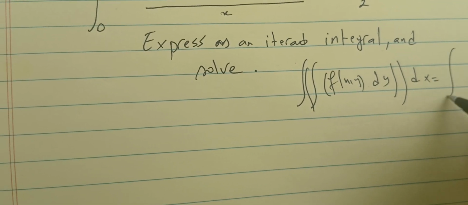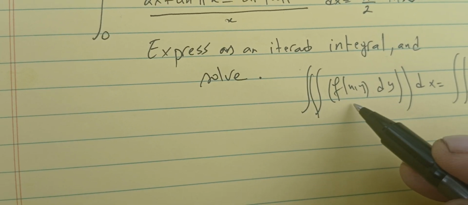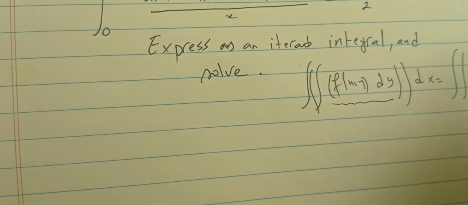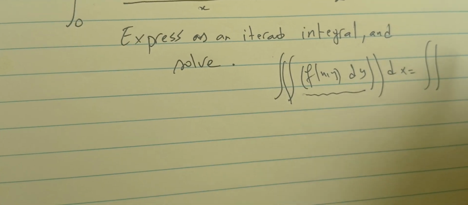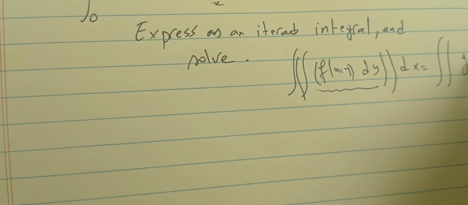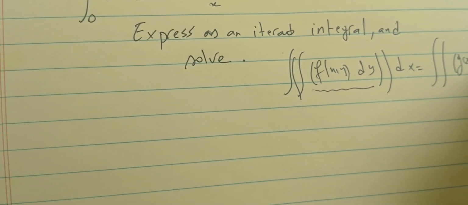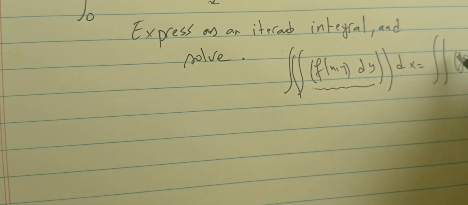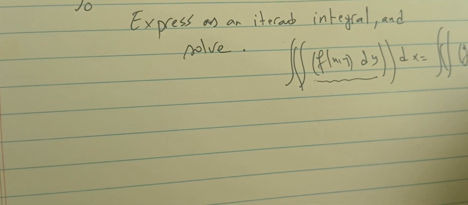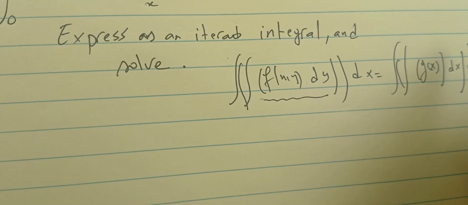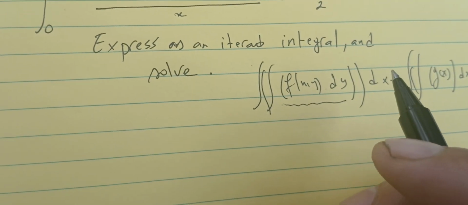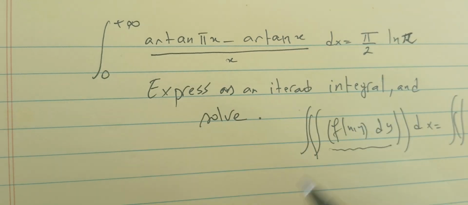We integrate with respect to y first. We're going to switch it in such a way that we integrate with respect to x first and y second. Okay, so this is an idea, I think, of how to solve this one.